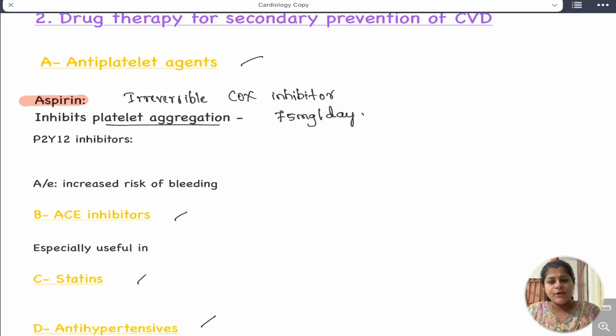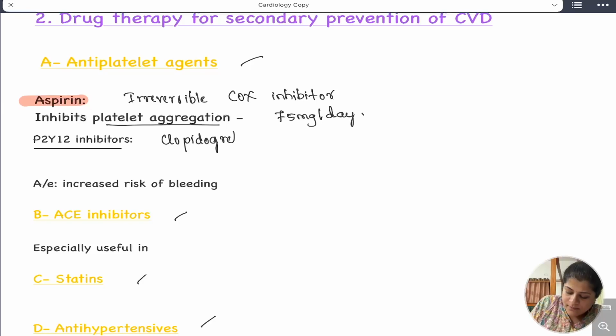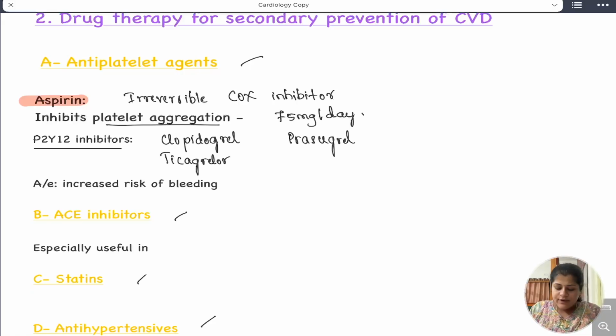Then apart from that, you can also use P2Y12 inhibitors, which are clopidogrel, ticagrelor, and prasugrel. The major adverse effect of all these is they increase the risk of bleeding. Second is ACE inhibitors.